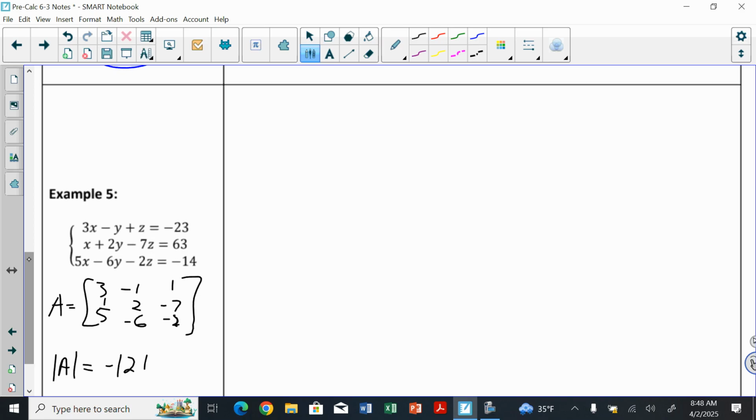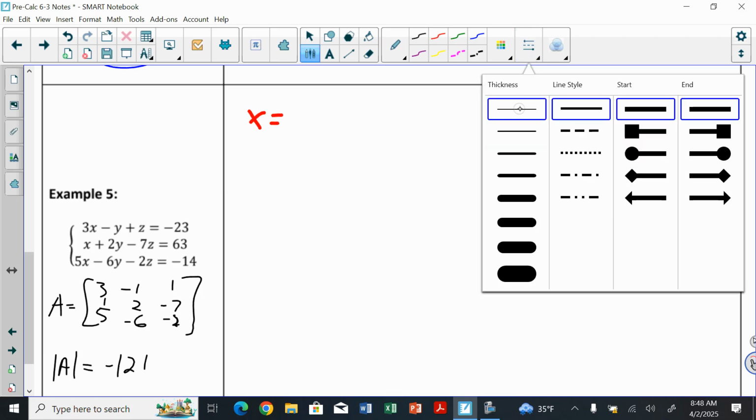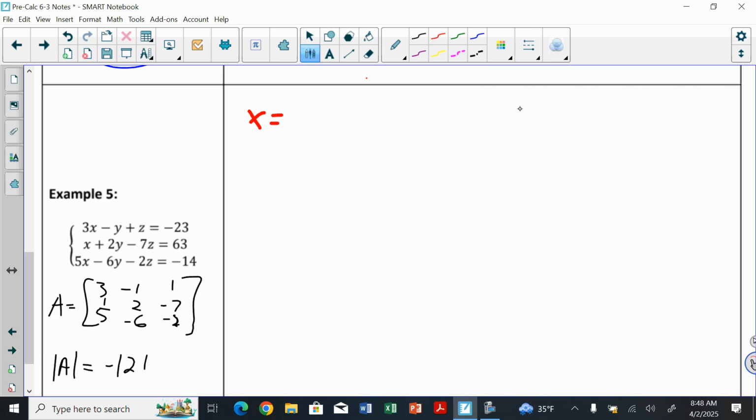So now when we go for it, X is going to be equal to, again, what am I going to do? I'm going to replace this column with the numbers to the right of the equal sign. So negative 23, 63, and negative 14.